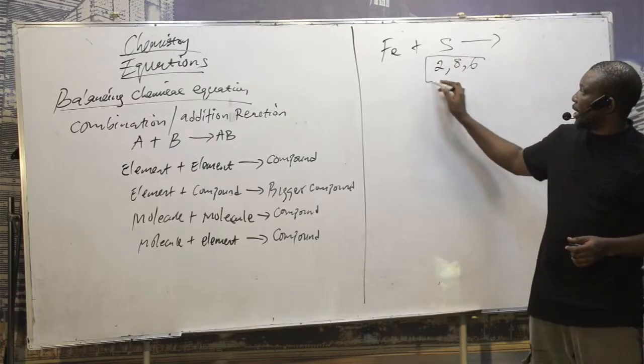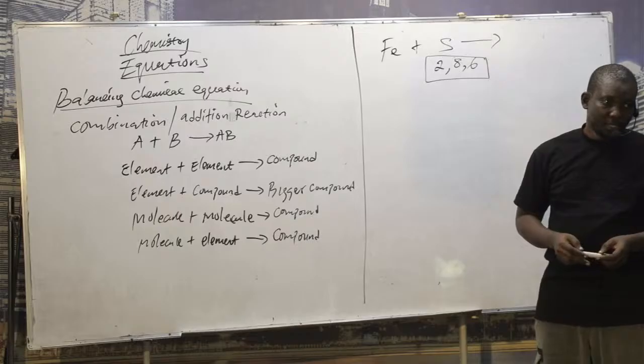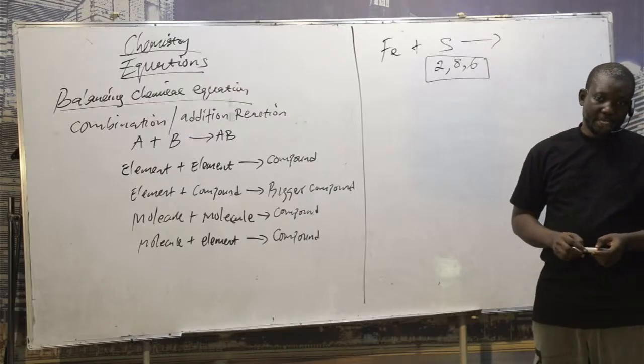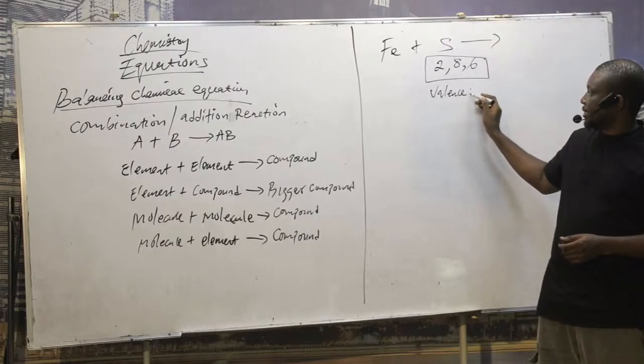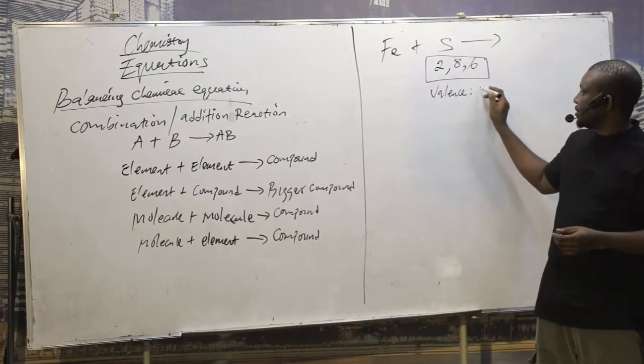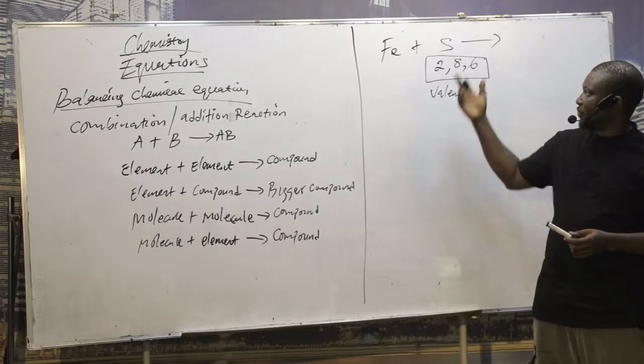This will help me a lot to tidy this equation. I will have it that the valency is 2, so it has a combining power of 2.